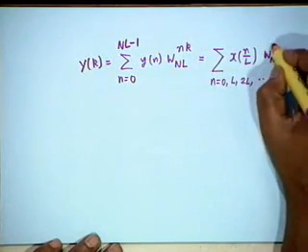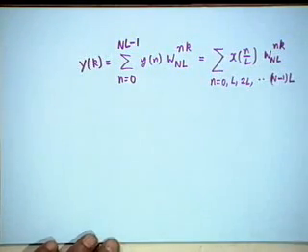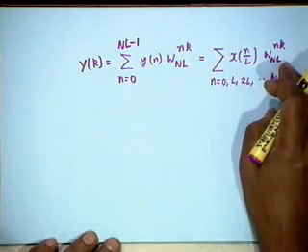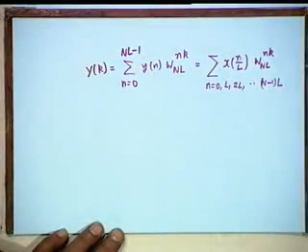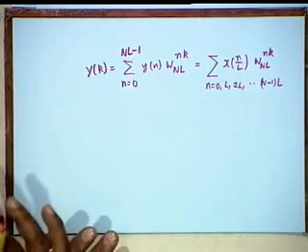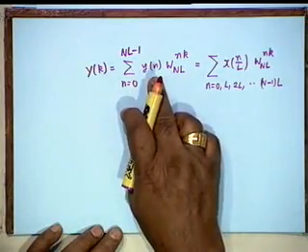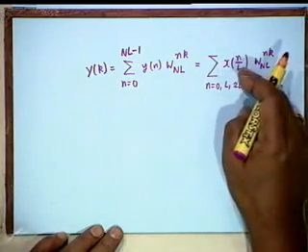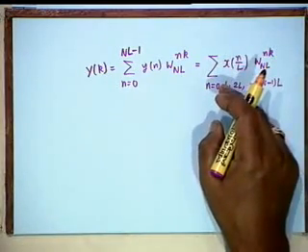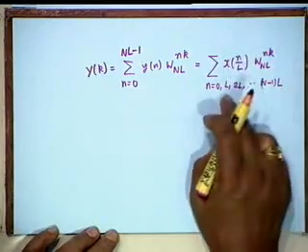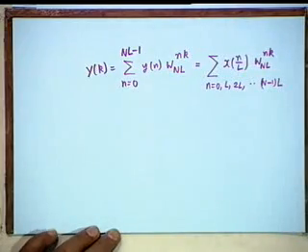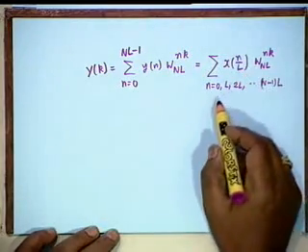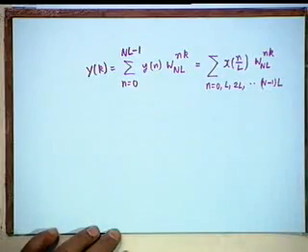No. That is important to recognize, W NL raised to the nk. This factor remains the same. We are only substituting for y of n. We have not changed n. We have only substituted for y of n. And to indicate that y of n exists only for integer arguments, we have included 0, L. We have not said n equal to 0 to NL minus 1, no. And this exists only at 0, L, 2L and so on.